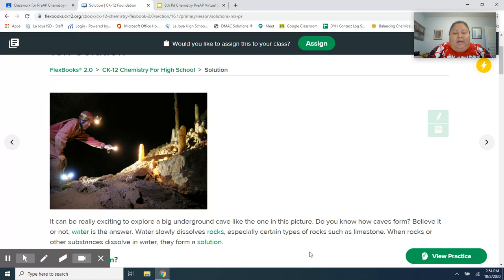Okay. But let's go back and let's talk about water. Water is one of those special substances that has the ability to break things down over time. Now, as you can see in this picture, there are certain substances that will degrade in water a lot quicker than others, okay?